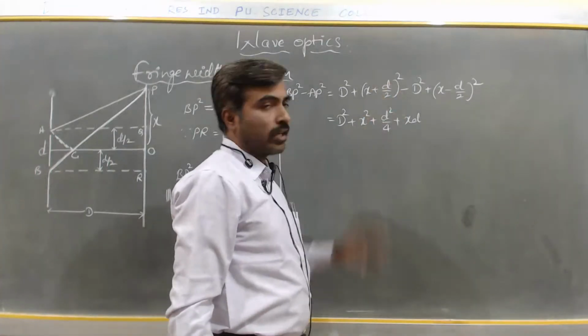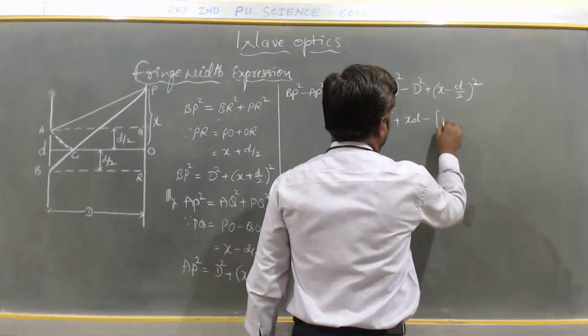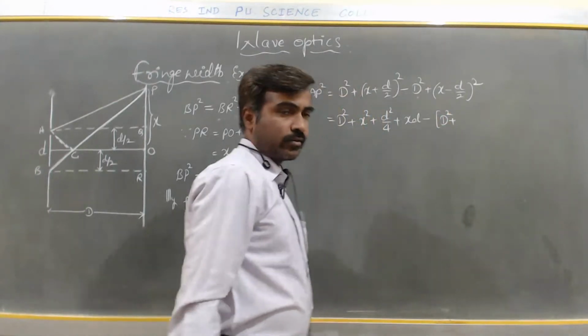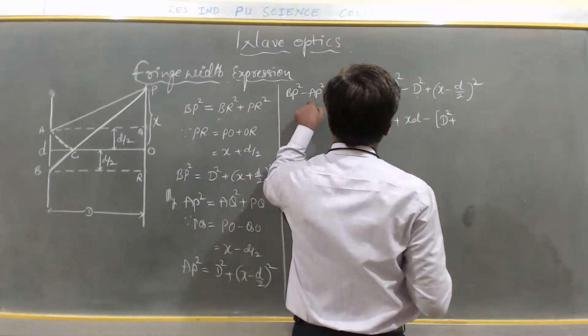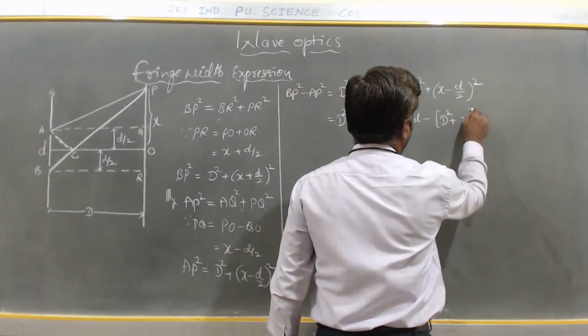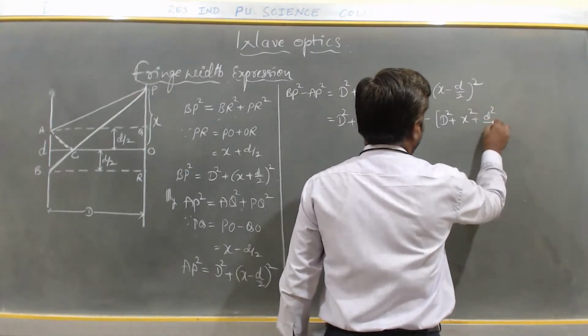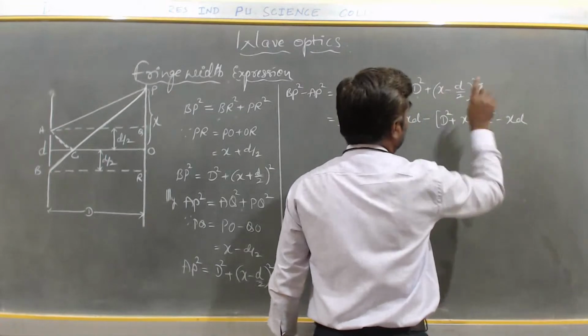Then minus of this one, D square plus, because this is BP square minus AP square, (a minus b) whole square, x square plus d square by 4 minus xd. The 2 and 2 again get cancelled.